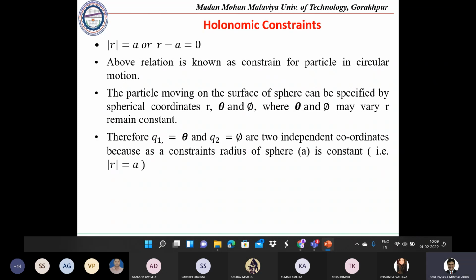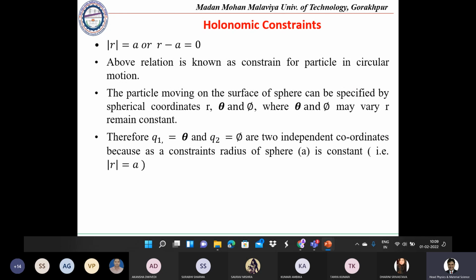Therefore, if we talk about the number of coordinates or the degree of freedom related to the spherical system, whatever we are considering in this case, q1 is equal to theta and q2 is equal to phi are two independent coordinates, because as a constraint, the radius of the sphere a is constant.